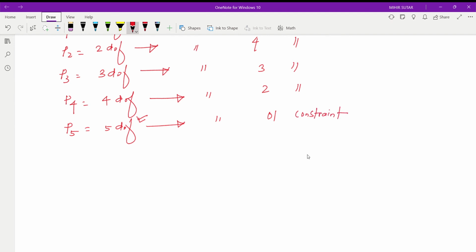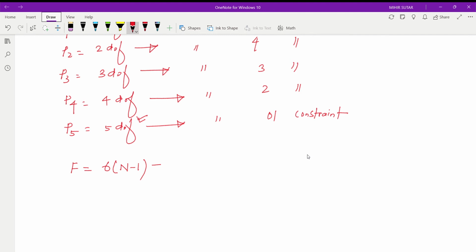So now if we need to find out the total available degrees of freedom in that mechanism, how to find? Let's say F is the total number of degrees of freedom, then 6 is the maximum degree of freedom that we can have, but it is not possible because at least one link has to be fixed, so 6 times n minus 1 is the degrees of freedom. Now we have to subtract all the constraints from these degrees of freedom.